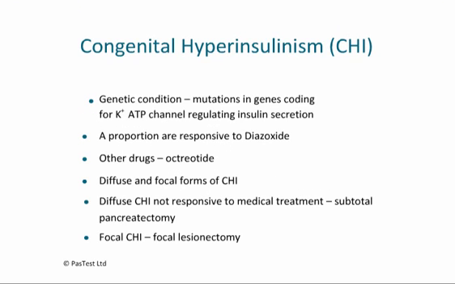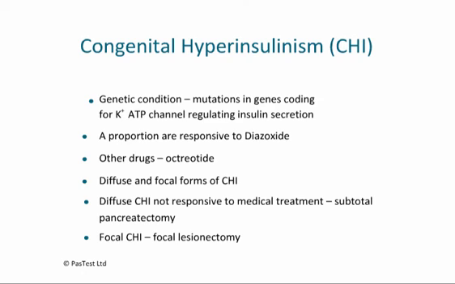This condition is mostly genetic, with mutations now identified in the potassium-sensitive ATP channel genes. A proportion of children with CHI are responsive to diazoxide, other children are not, and they need octreotide treatment to lower insulin levels.